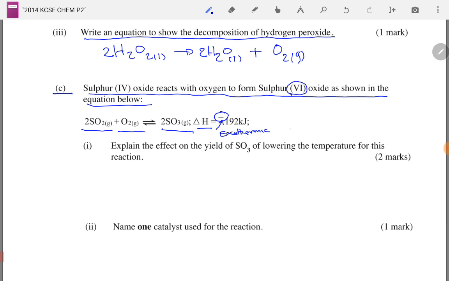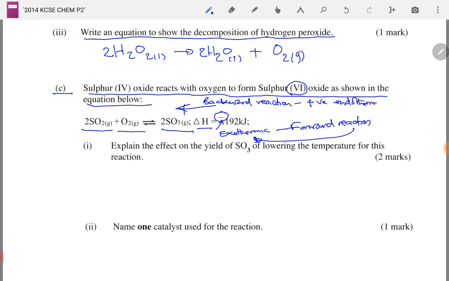So the forward reaction is exothermic. The backward reaction will now be positive, which is endothermic.